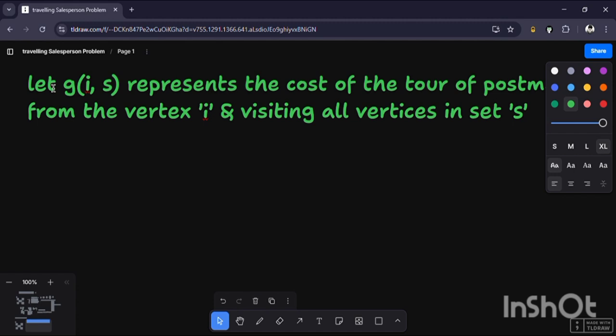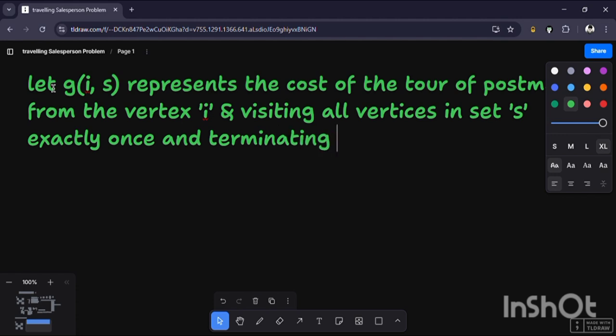S is a set of all of the remaining vertices, exactly once, and terminating the tour at the starting vertex, or you can name it as V0.